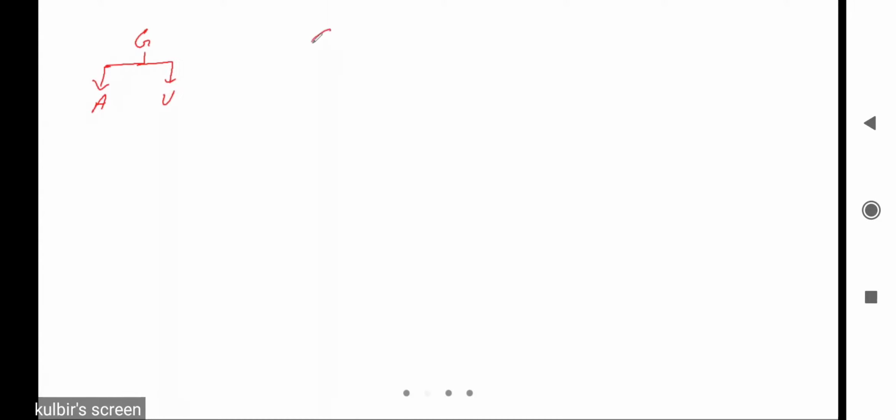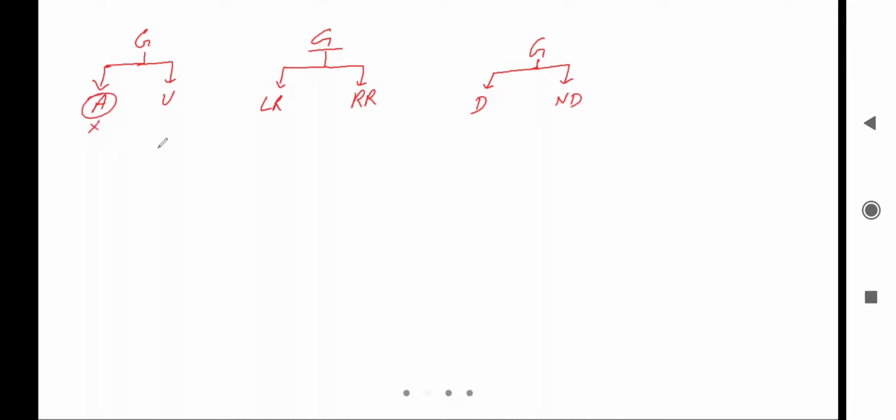Another thing is grammar that can be left recursive or right recursive. And grammar that can be deterministic or non-deterministic. Okay, if a grammar is ambiguous, there is a problem, right?